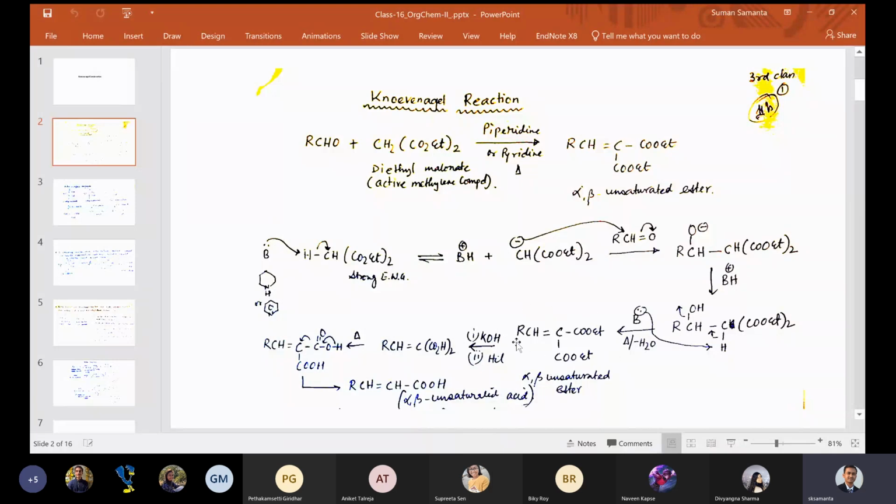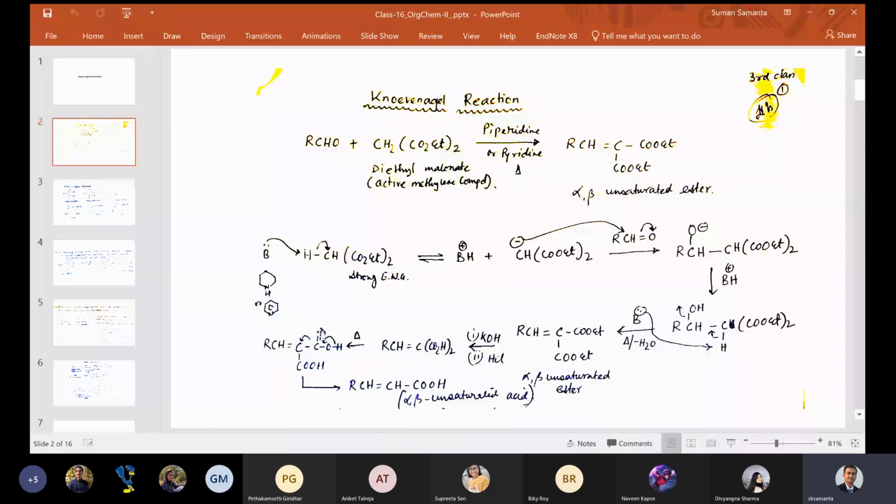So keep this product. Now this product has many different fates. I mean, you can use it in many different ways. Okay, first you can just hydrolyze this to the 2 COOH, and as you know, when there is a geminal CO2H group, heat treatment would always lead to decarboxylation because they can lead to an intramolecular 6-membered cyclic transition state.